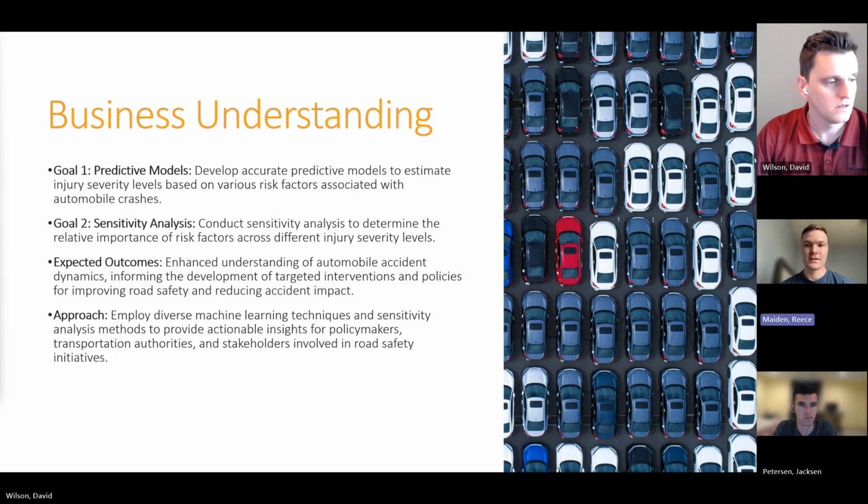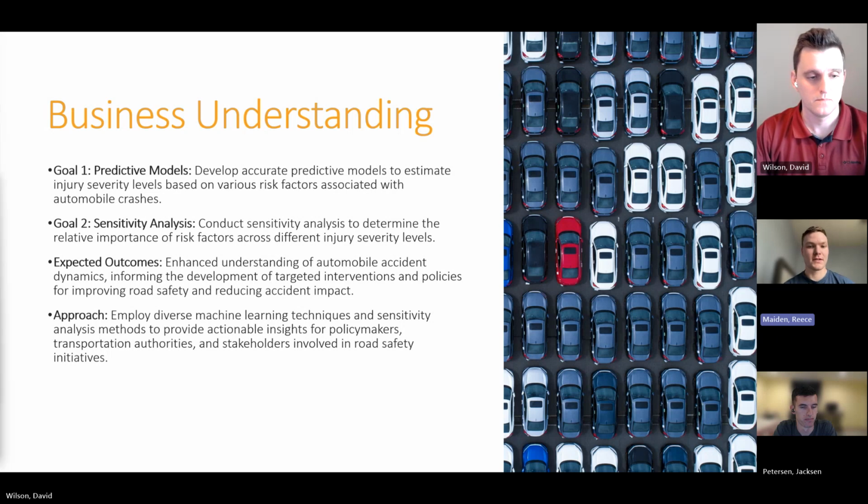We've got two main goals for this study. The first is to develop accurate predictive models with regards to injury severity levels based on various risk factors associated with crashes. And the second goal is sensitivity analysis to help determine the relative importance of specific risk factors across different injury severity levels.